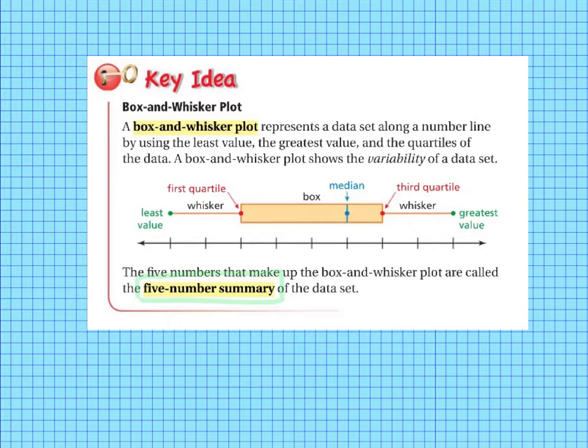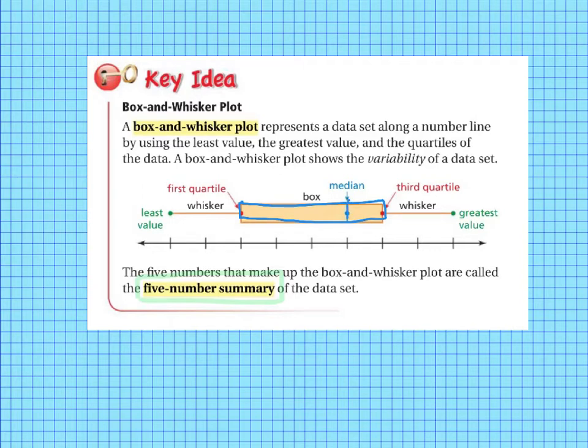And then you plot your third quartile, which is going to be to the right of your median, and your first quartile, which is going to be somewhere to the left of your median. Your greatest value is to the right of your third quartile, and your least value is to the left of your first quartile. And then you're going to draw a box that goes around your first and your third quartile.